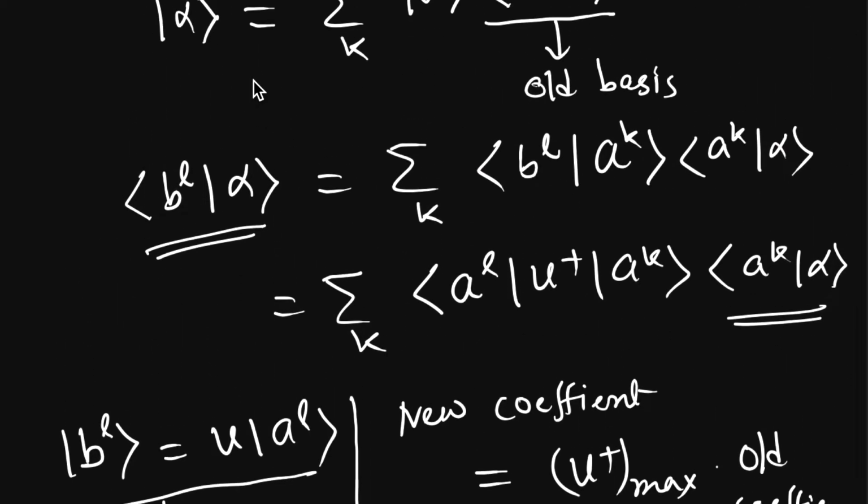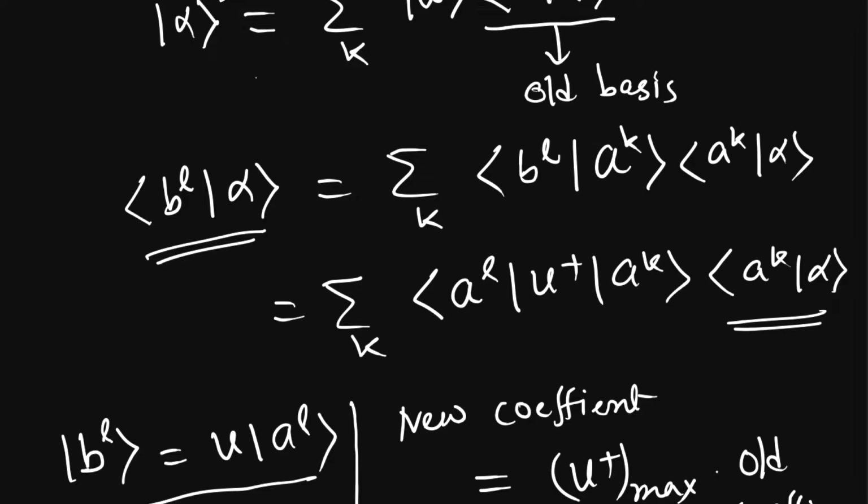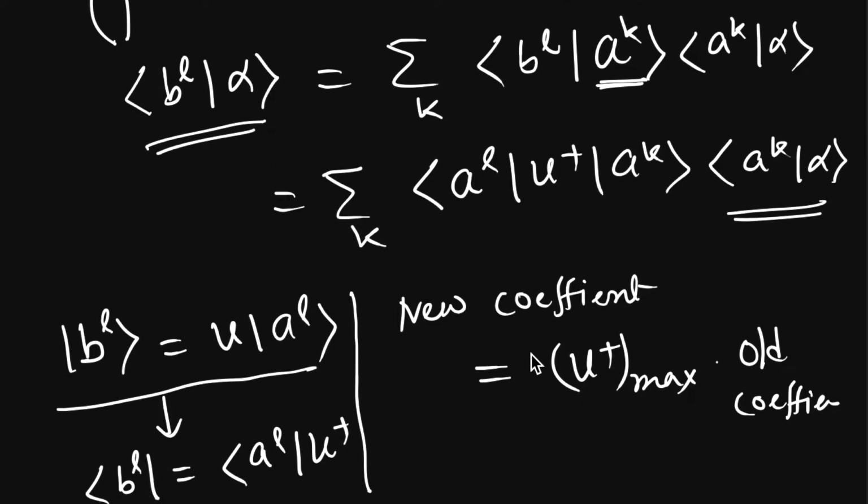In the matrix representation, this arbitrary ket vector will be a column matrix, and any element of the column matrix is the coefficient corresponding to that particular basis. So the new coefficient can be calculated from the old coefficient from this formula. New coefficient will be U dagger in the matrix form into the old coefficient.